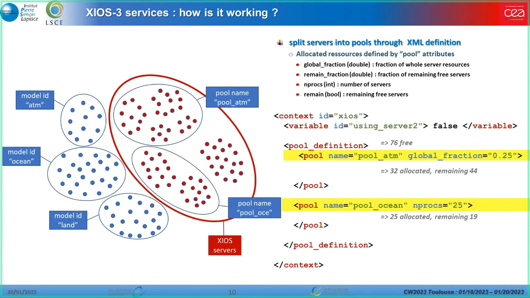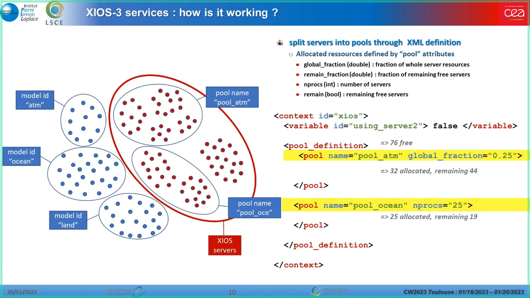In this pool of free servers, you can create subpools, which can be, for example, dedicated to a specific model. Look, in this case, with this syntax, we create a pool dedicated to the atmosphere on a global fraction of the resources allocated for the servers. That means 1/4 of the resources for the servers will be allocated for the pool atm.